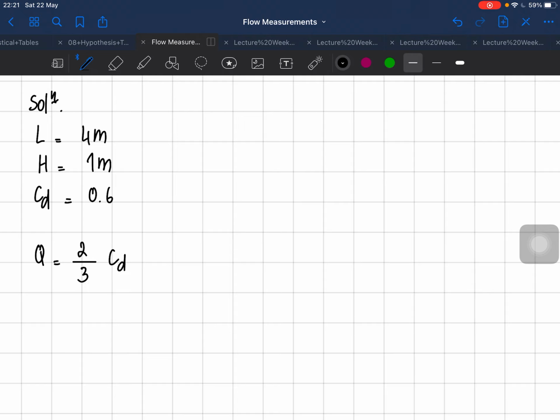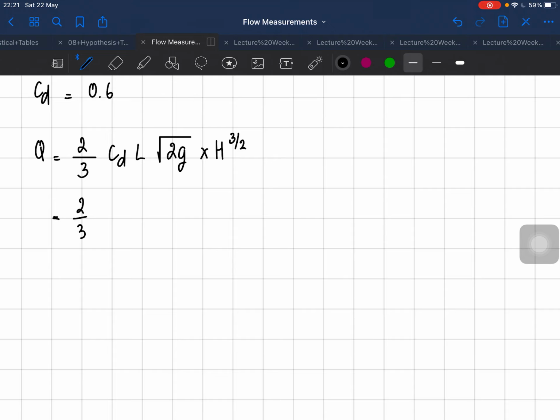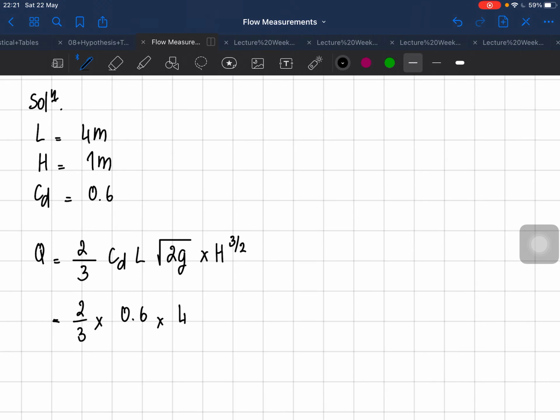Q equals 2 over 3 CD L square root of 2g times H to the 3 over 2. The final answer is not there yet, just substitute it first. Times 0.6 times L, which is 4, times the square root of 2g, 19.62, times H, which we know is 1, to the 3 over 2.